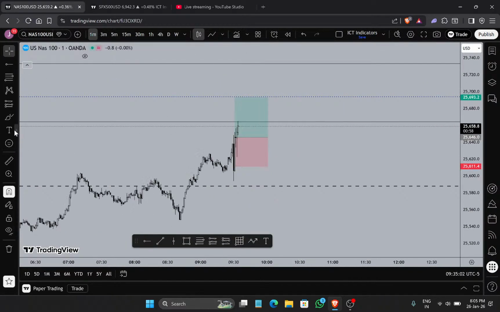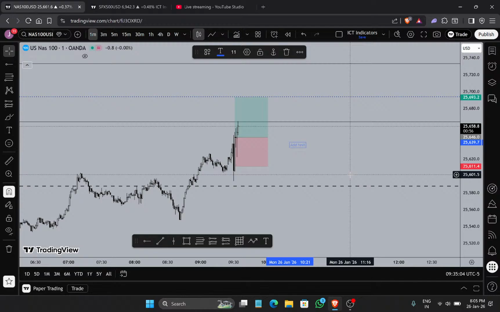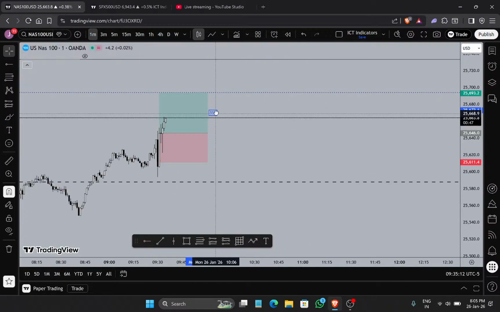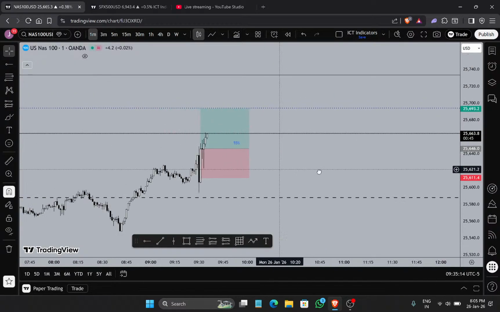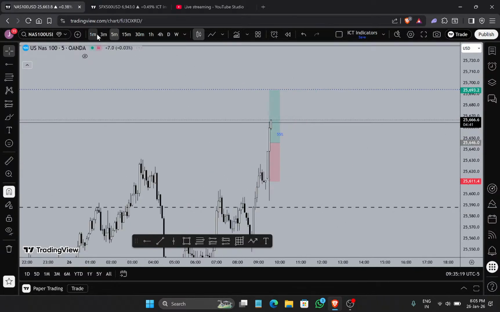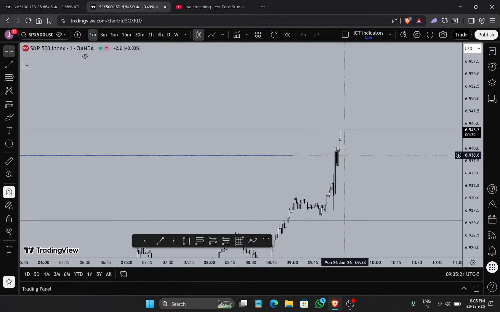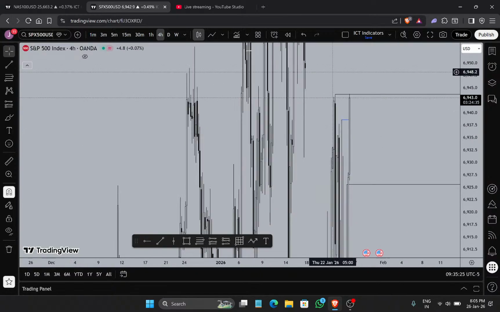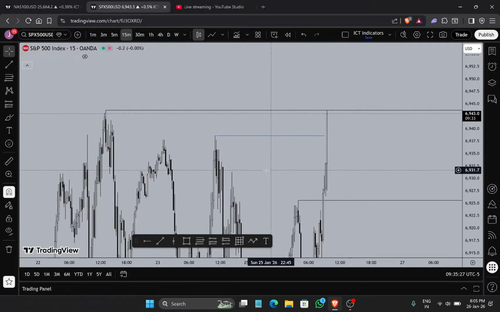I would say we have a 55% chance of win, 5% chance to get hit TP. Okay, we already fell through these highs. We already took these highs.